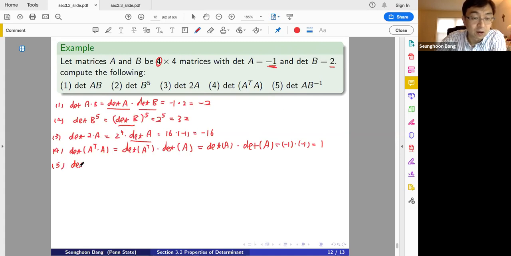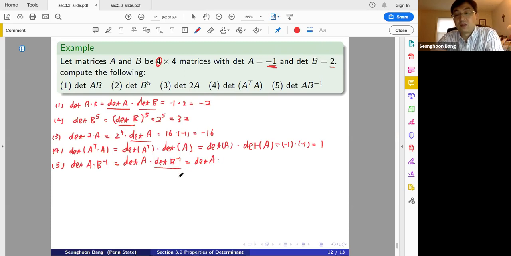The last one, the determinant of A times B to the -1. You can distribute: determinant of A times the determinant of the inverse of B. You can keep the determinant of A. What is the determinant of the inverse of B?